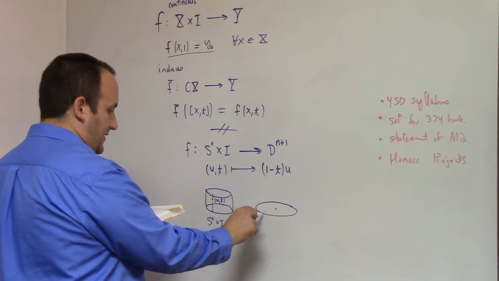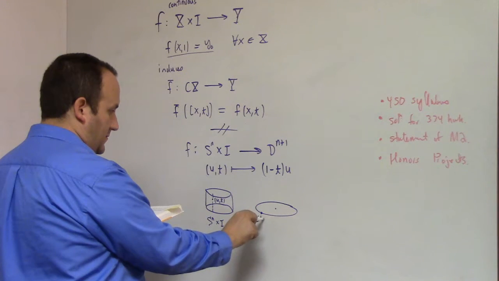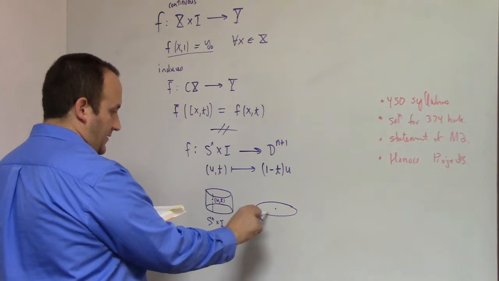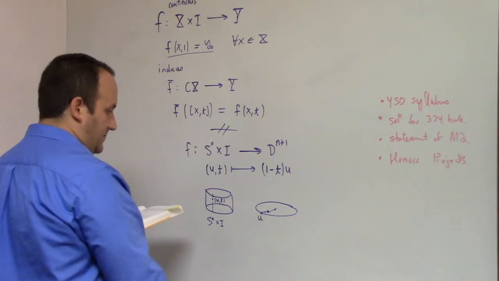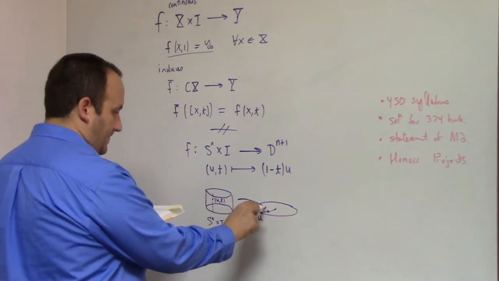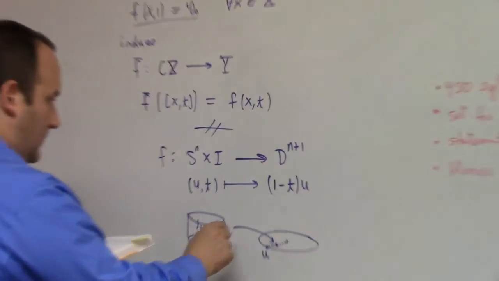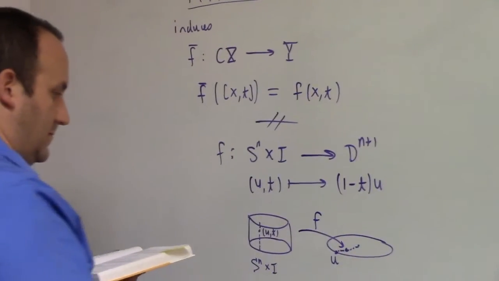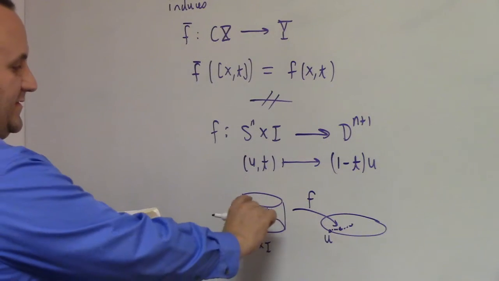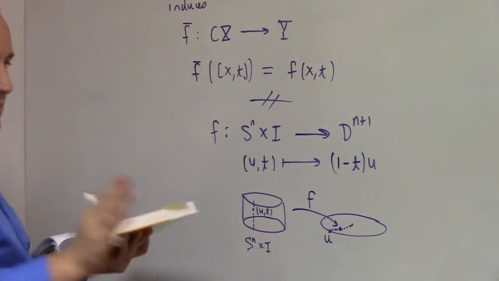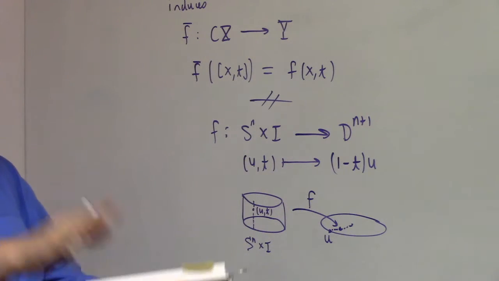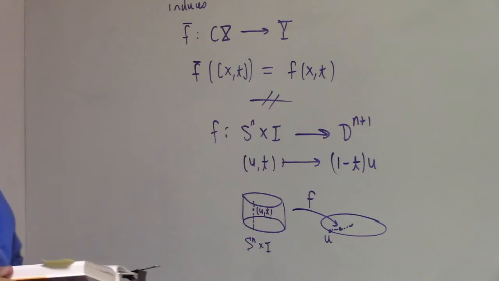Here's u out here, and then it tracks to here or something like that. It's exactly taking the cylinder and just lying it down on the disk.